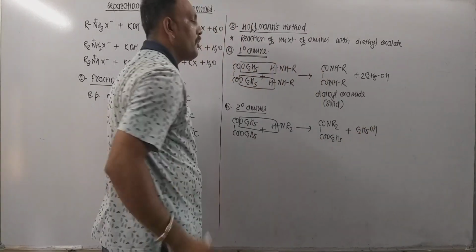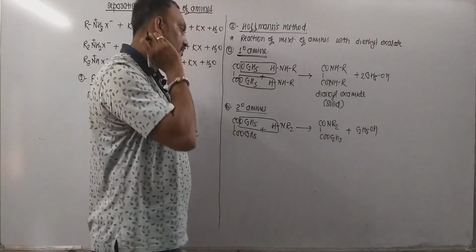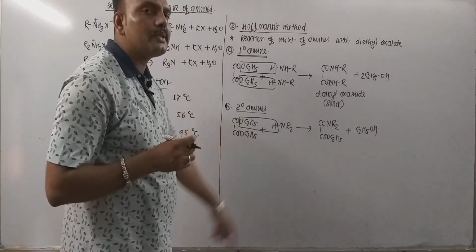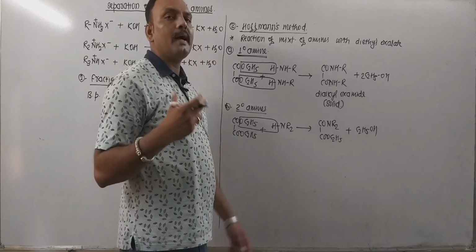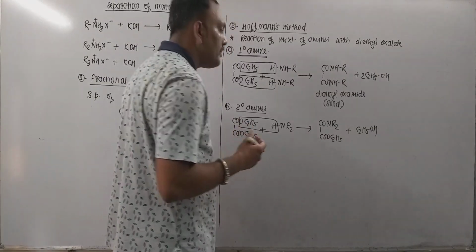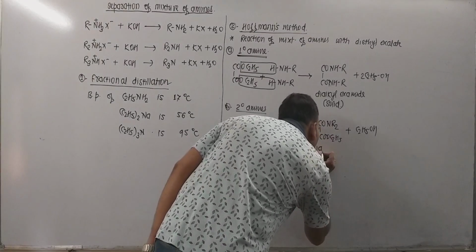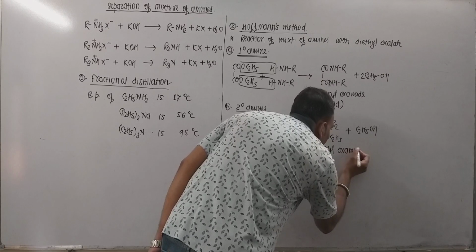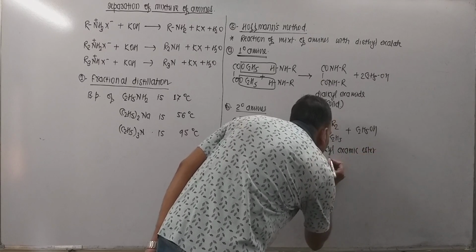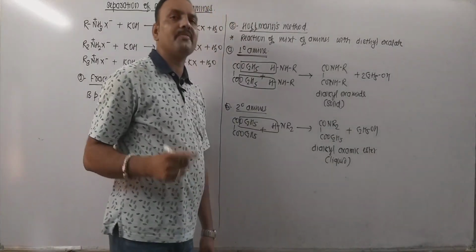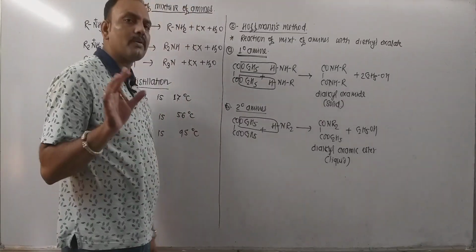The product obtained in the reaction of diethyl oxalate with secondary amine is liquid. I mean, its physical state is liquid, and it is dialkyl oxamic ester. And remember, tertiary amines fail to react with this. I mean, they do not react.